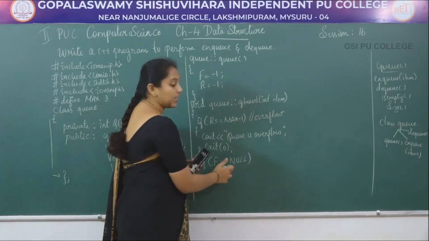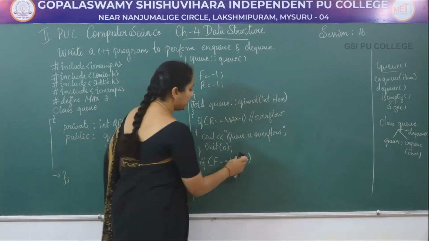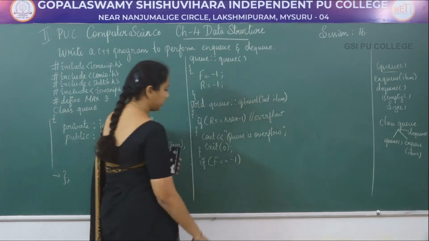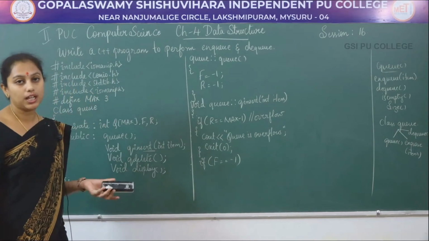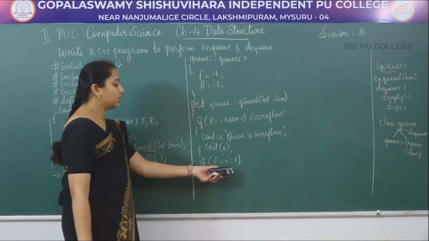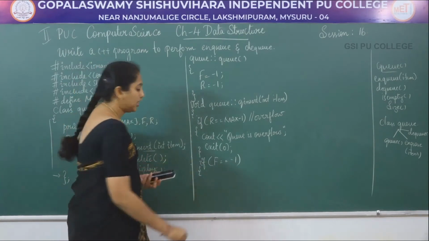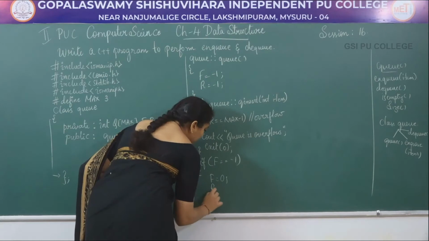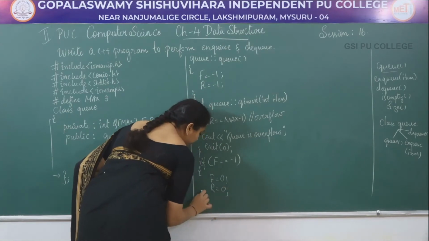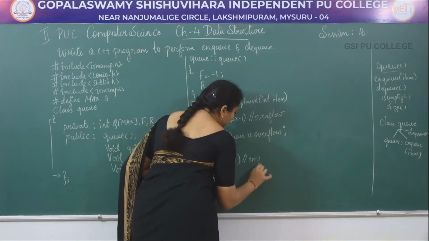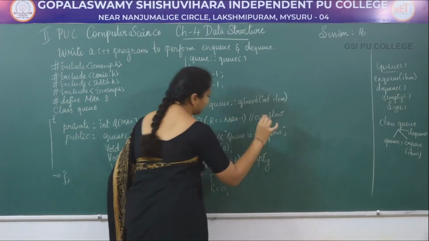If front is equal to null, or we can write it as -1. If front is equal to null or -1, then the queue is empty, so the pointers front as well as rear will be 0. Here we are checking for the emptiness of a queue.